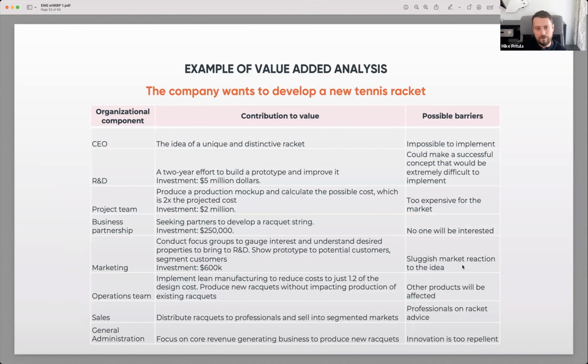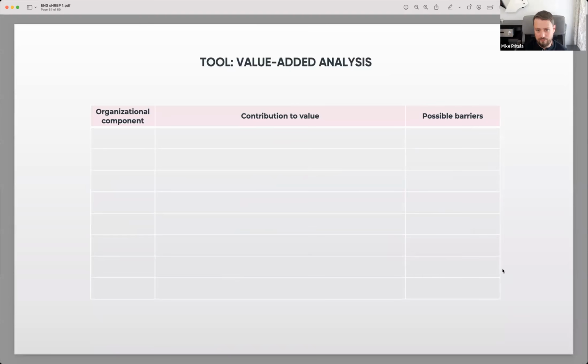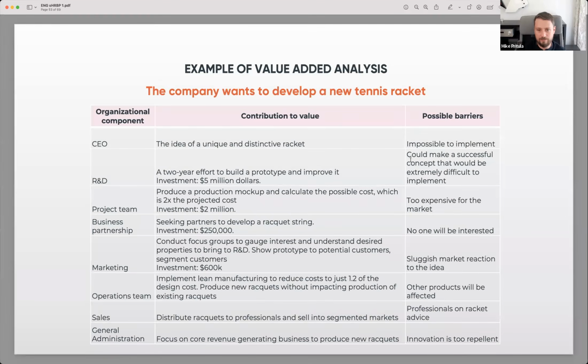For your company, you may describe it step by step, like here from this example of creating a new tennis racket. We have different components of our organization. We have the contribution to value and possible barriers. So it's very important to study this for your company. You may use this tool and understand how the money is created.